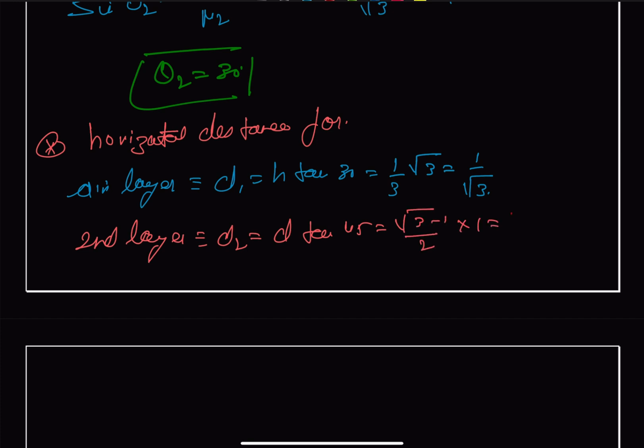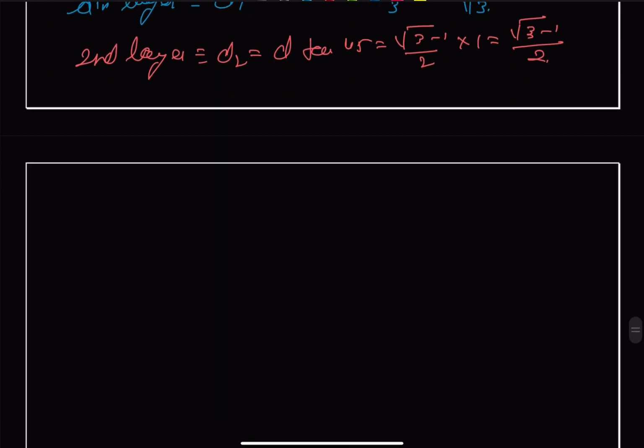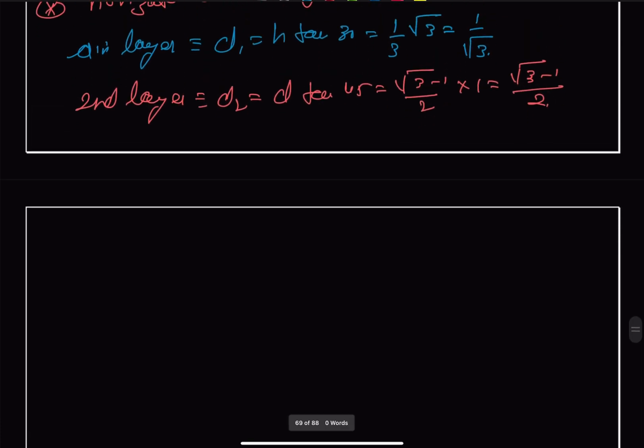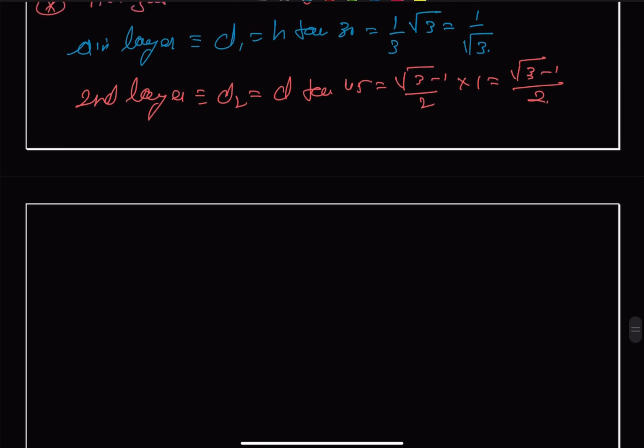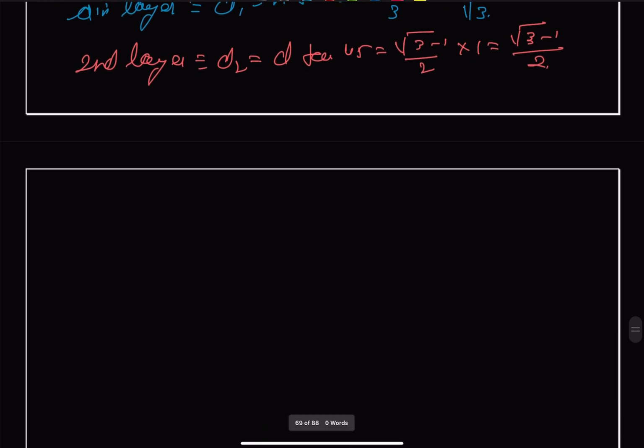So this comes as square root of 3 minus 1 divided by 2. And finally is the third layer, d3.